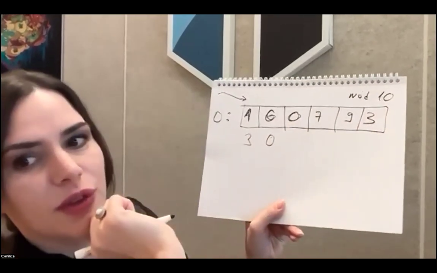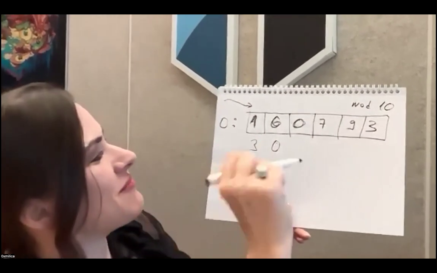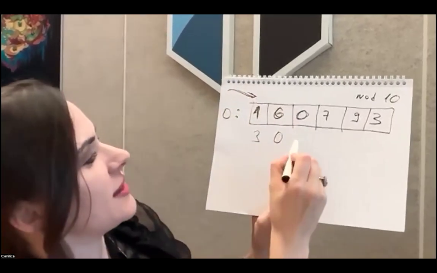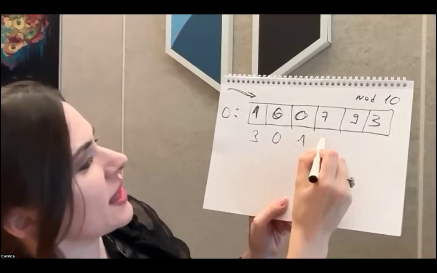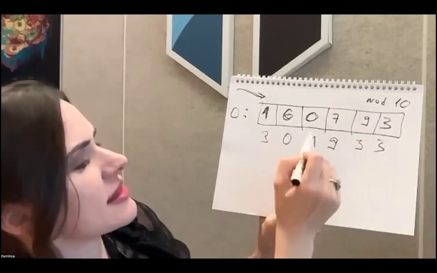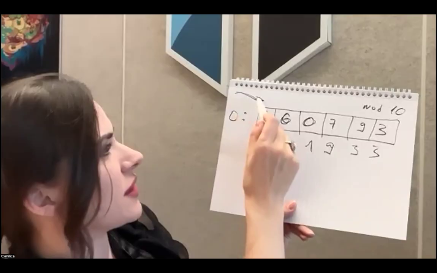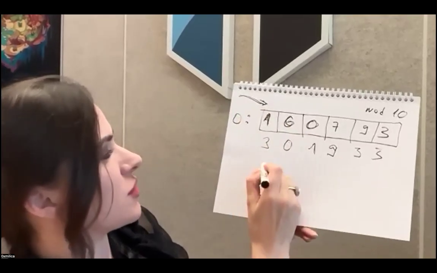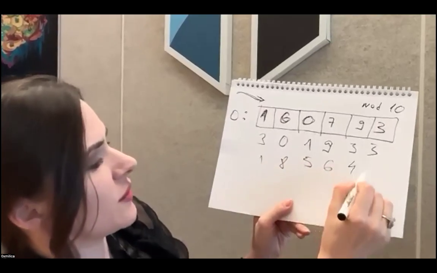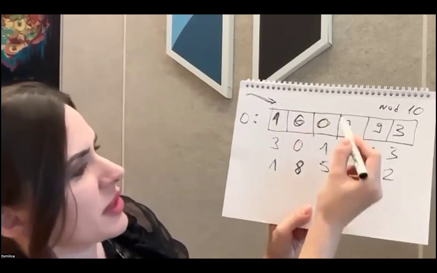So you can imagine we have one entry, and this moves to something like this. It doesn't look really relatable to the previous one, but then we got something else, and then it changes to, let's say, 1 8 5 6 4 2, and then it starts being unrecognizable from the previous one.